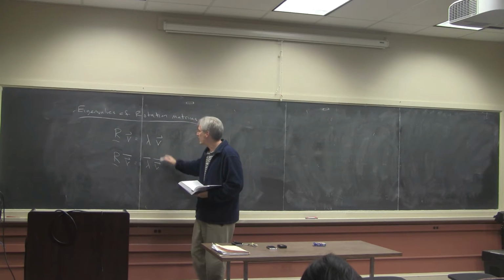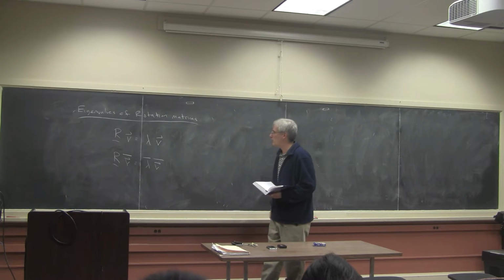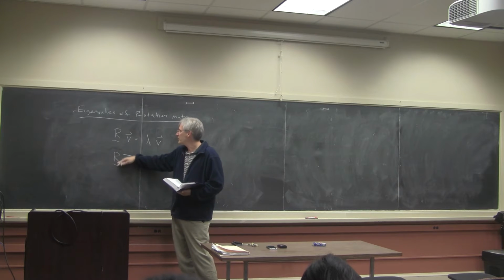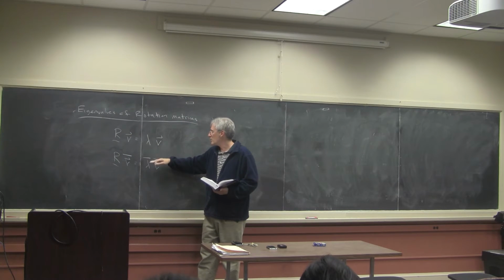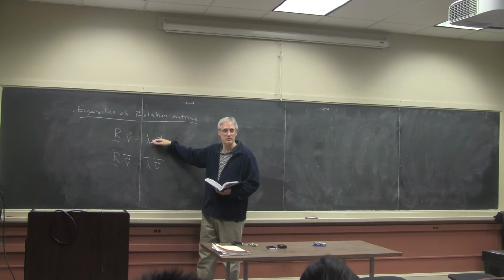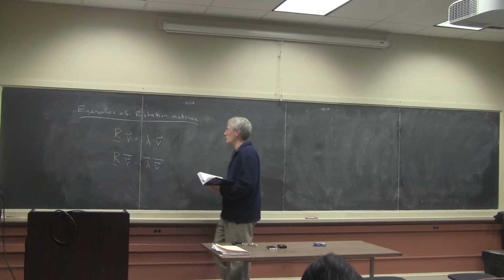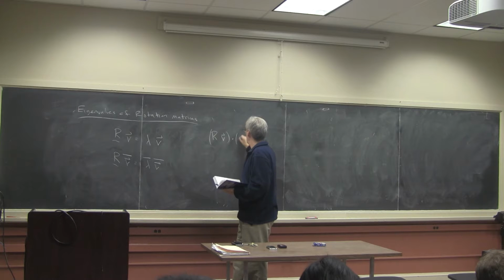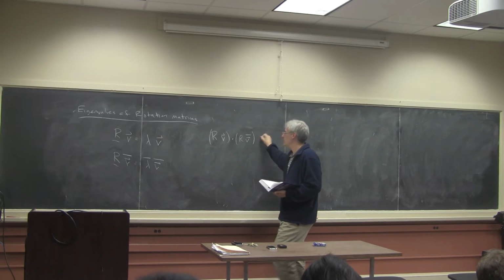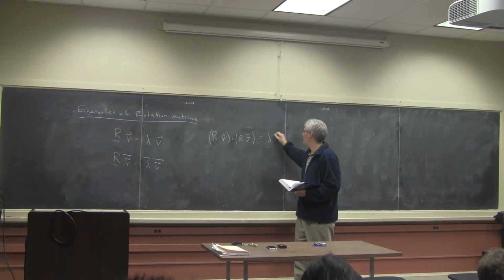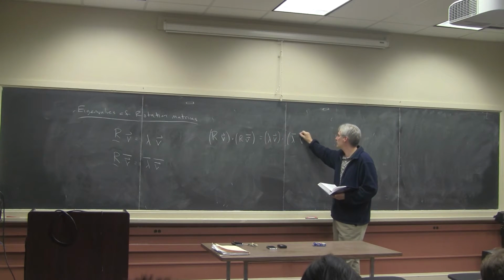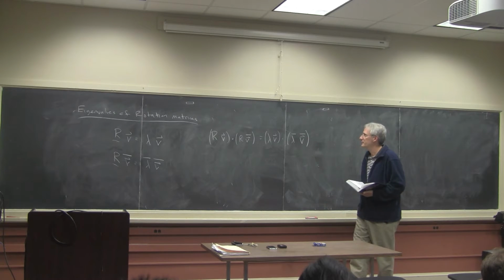So now if we take these two equations and we take the dot product, we'll take the dot product of this with this, then that must be equal to the dot product of this with this, right? Because these are both equal to each other. So we get RV dot product with RV complex conjugate is equal to lambda V dot product with lambda complex conjugate, like this.